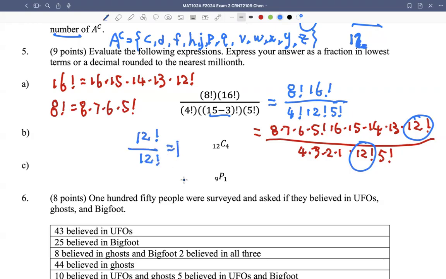Something divided by itself is always 1. I also have 5 factorial and 5 factorial here, so 5 factorial divided by 5 factorial is also 1. So those are gone. What's left?